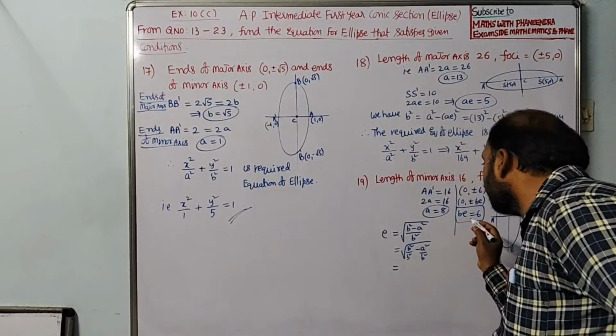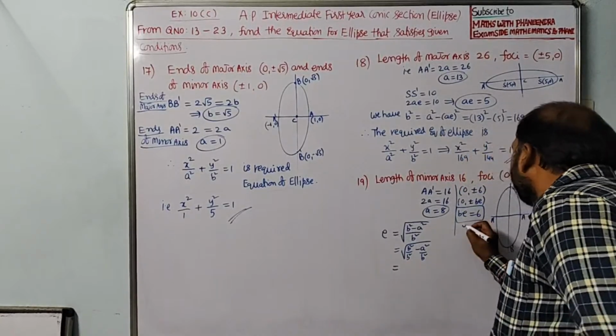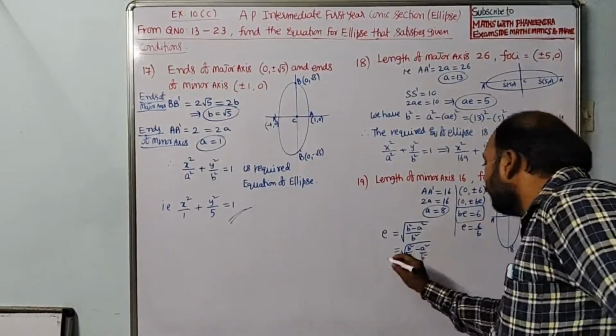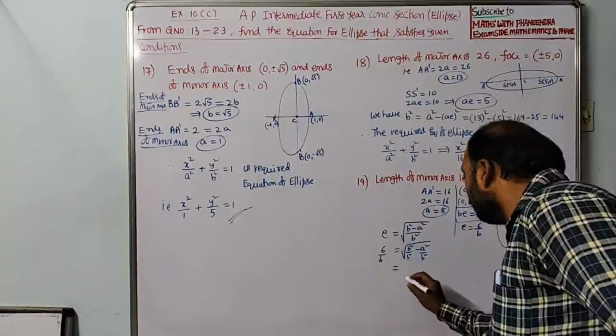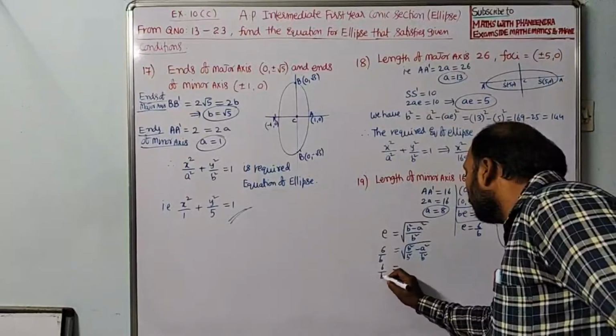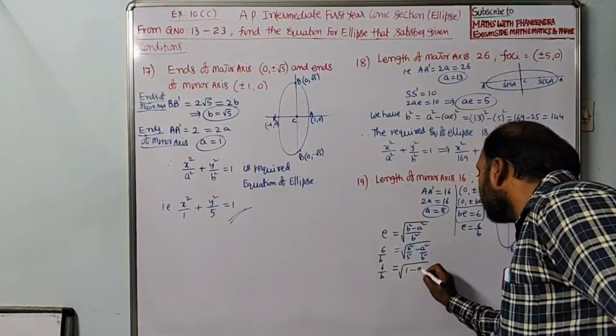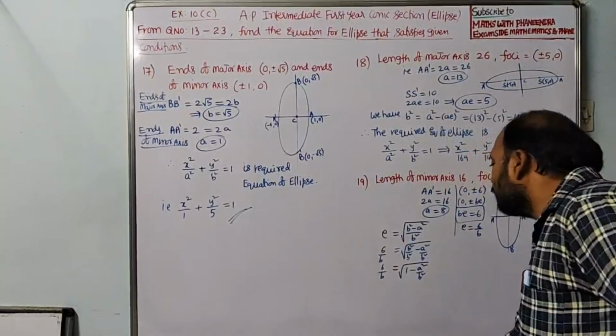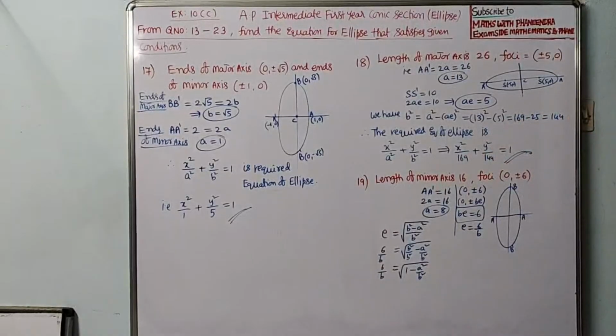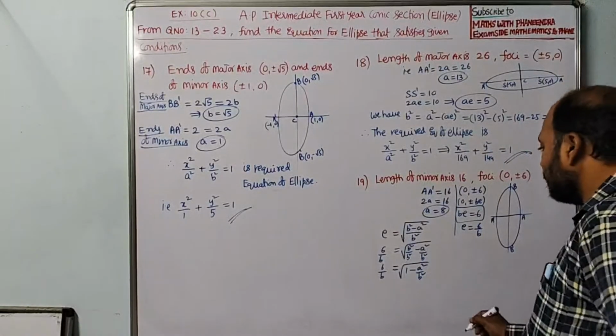So from this, E is equal to 6 by b. So 6 by b is root of 1 minus a square by b square. A value substitute and get the answer.